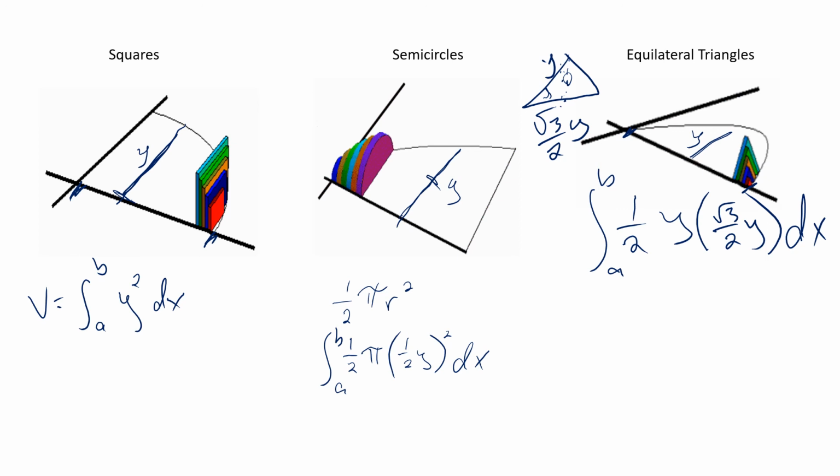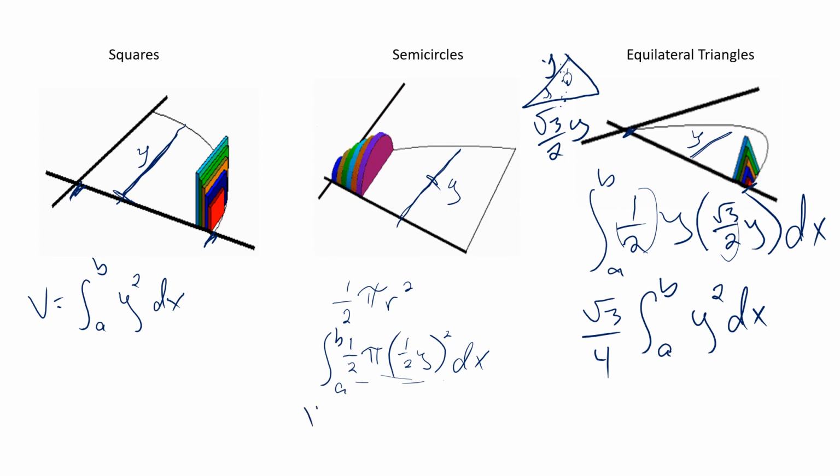Here we could move things around. We can multiply the root 3 over 2 and the 1/2. We could actually bring those outside of the integral too. So this could be root 3 over 4 times the integral from a to b of y squared dx. Just like over here in the semicircle, the 1/2 squared is 1/4 times 1/2 is 1/8. Pi is a constant.